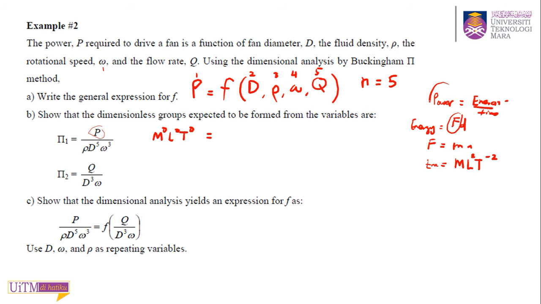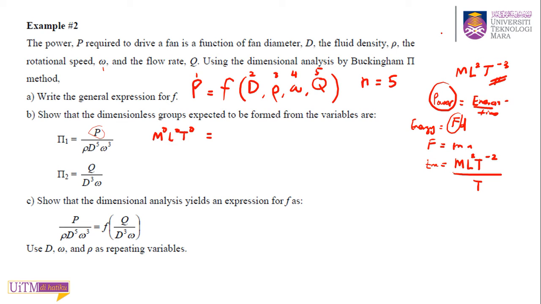You want power, so it is over time, and time is T. So the final version for power is M L squared T to the power negative 3. This is the primary dimension for power.